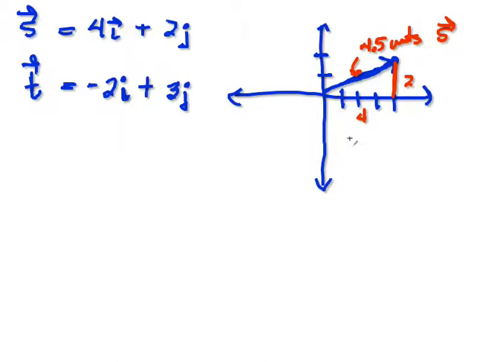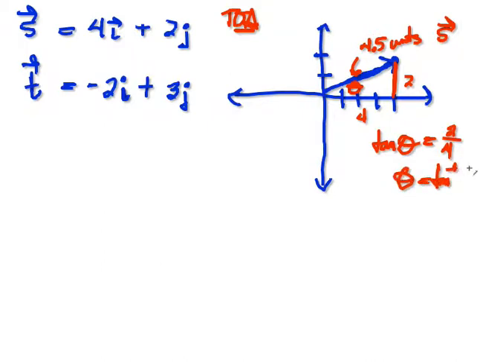And the bearing of s, by the way, this would be angle theta right here. And so the tangent of theta, remember, is SOHCAHTOA. It's opposite over adjacent. So it's going to be 2 over 4. So the tangent of theta would be 1/2, or theta would equal the tangent inverse of 1/2.